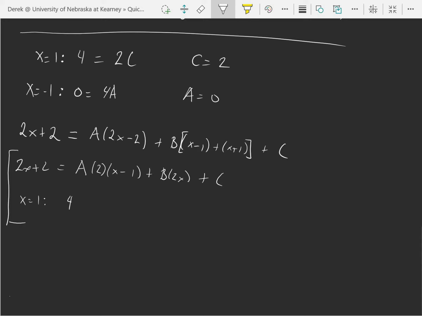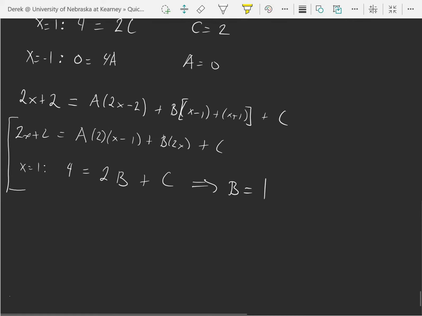I get that 4 equals 2b plus c. This tells me that b equals 1. So now I get a equals 0, b equals 1, c equals 2.